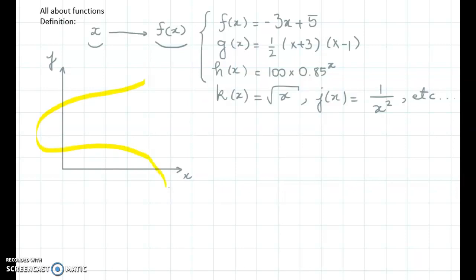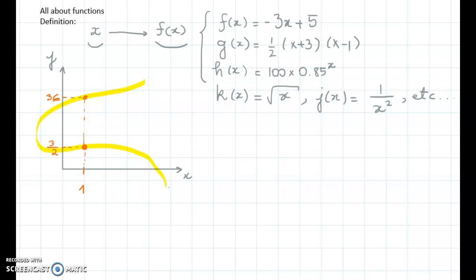This is not a function because for a given value of x, let's say 1 over here, I wouldn't know what is the corresponding value: the value over here, which will be, let's say, 3 over 2, or the value over here, which will be, let's say, 3.6. So this is not a function because given x, I don't know which y to assign.